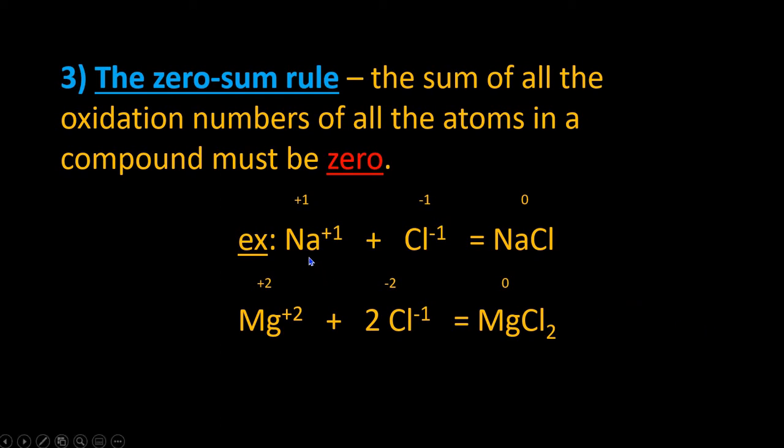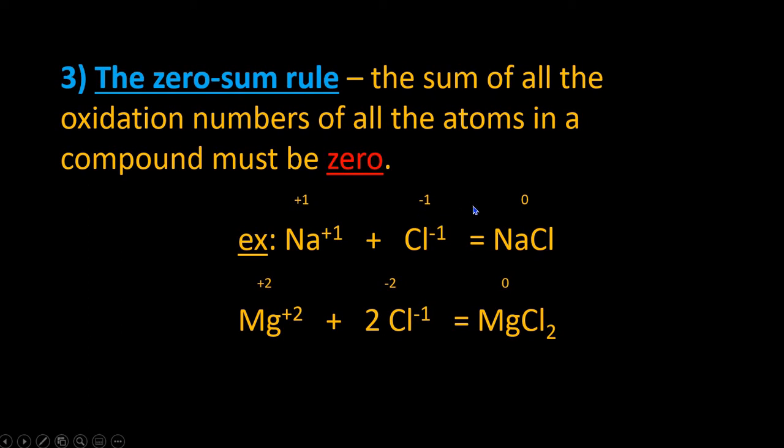Okay, the zero-sum rule. Sum, remember, is adding. So when you have the sum of all of the oxidation numbers in a compound, the overall sum of those oxidation numbers has to be 0.